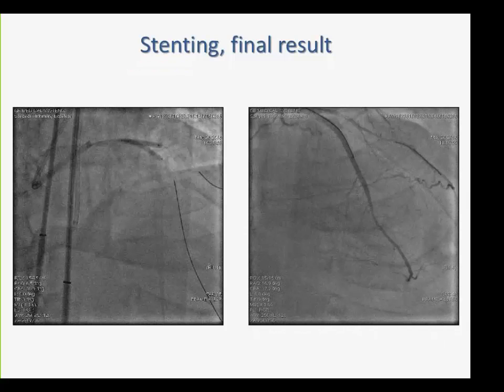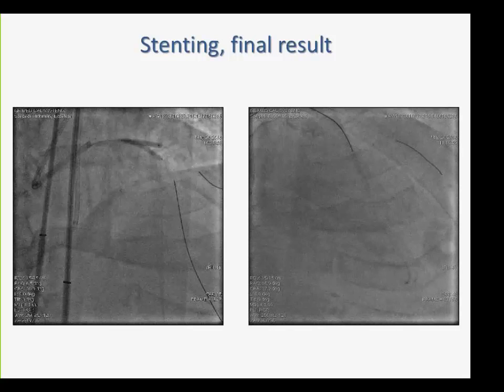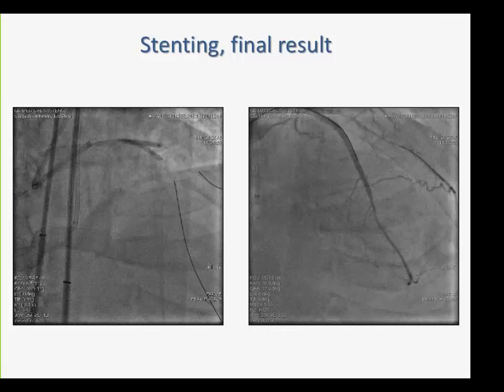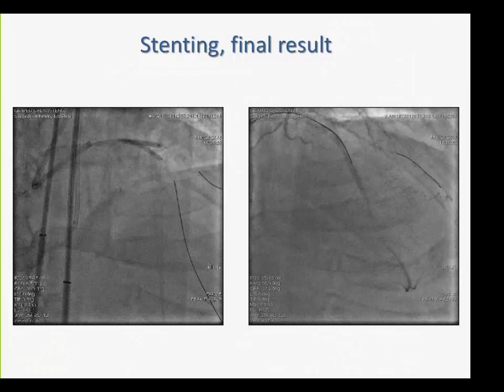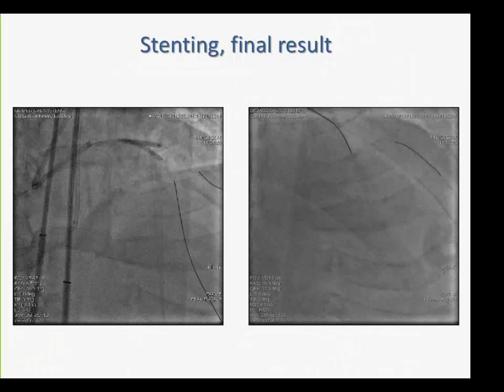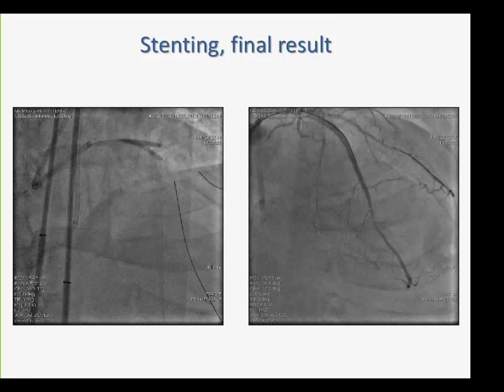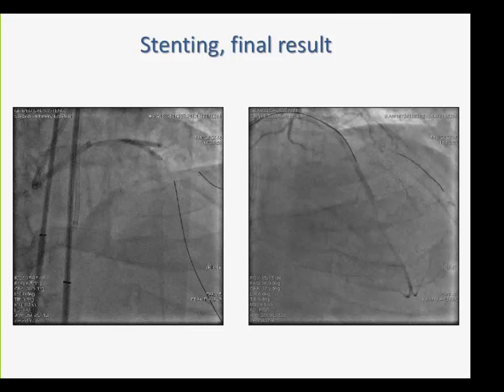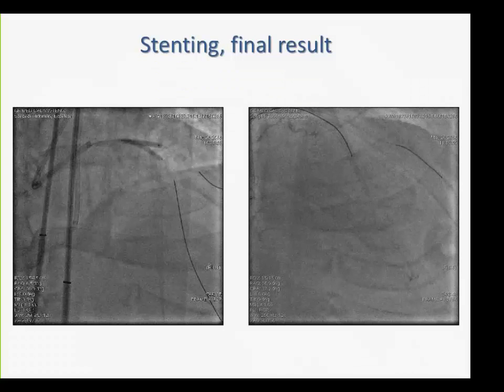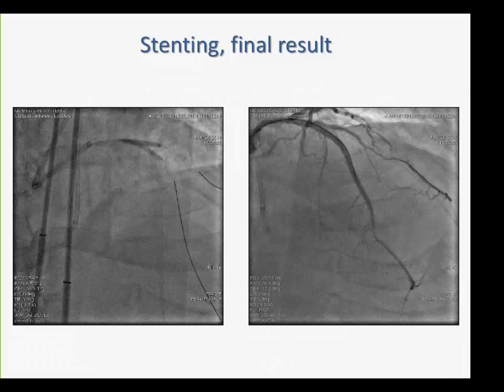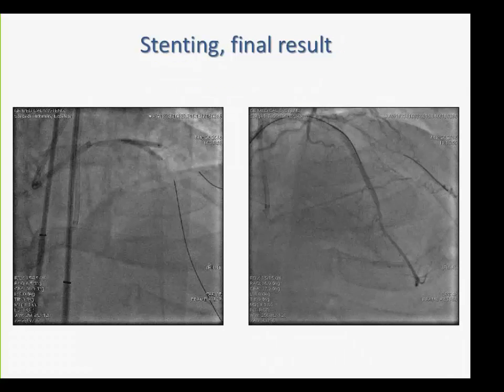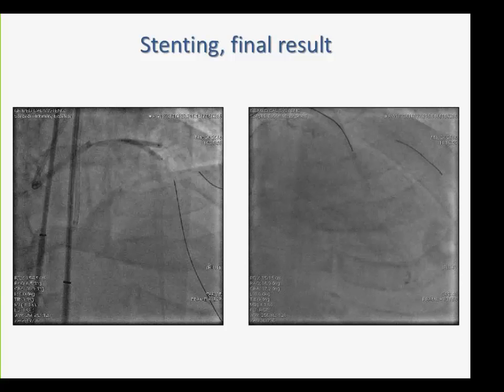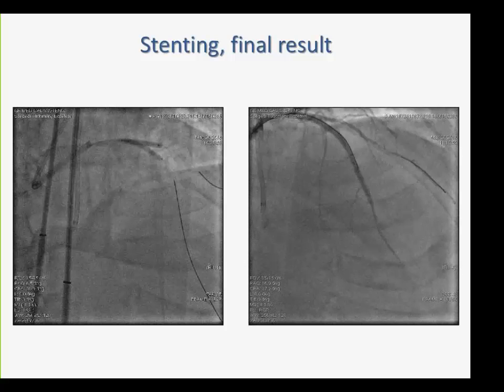I think that it's not really reasonable why we didn't occlude the side branch if there was a subintimal part. I think that it was a short and shallow passage of the wire in the subintimal space.